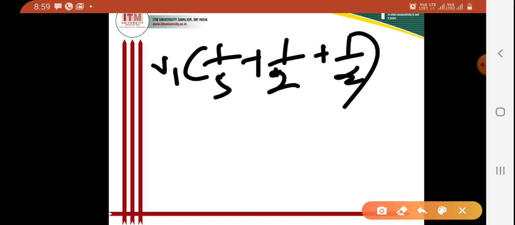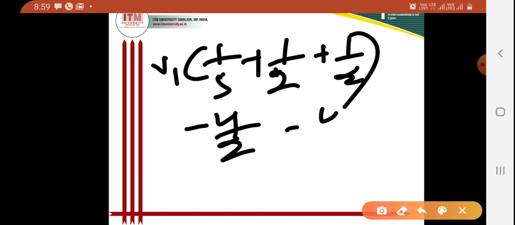Then I have to write minus 4 by 2, that is the adjacent battery voltage, 4 volt, divided by the resistance 2.